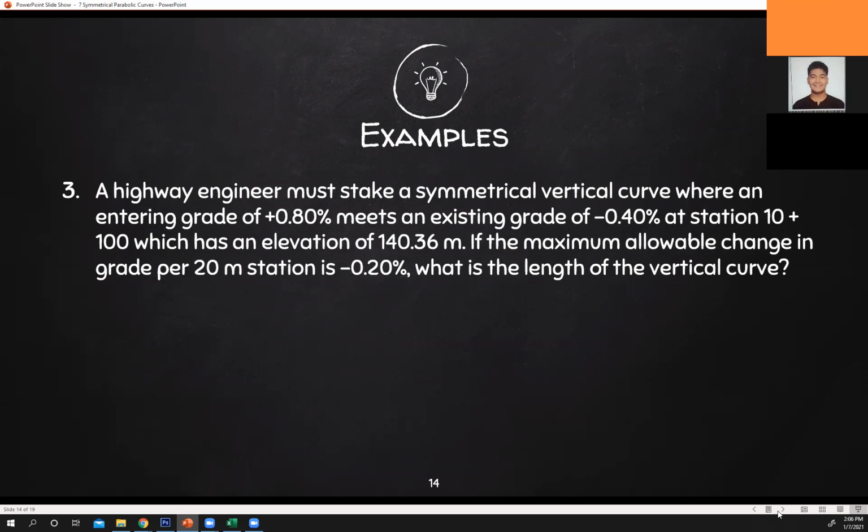And we're given this maximum allowable change in grade per 20-meter station. That is actually just your R per station. So R per 20. So I don't need all of these extra info.